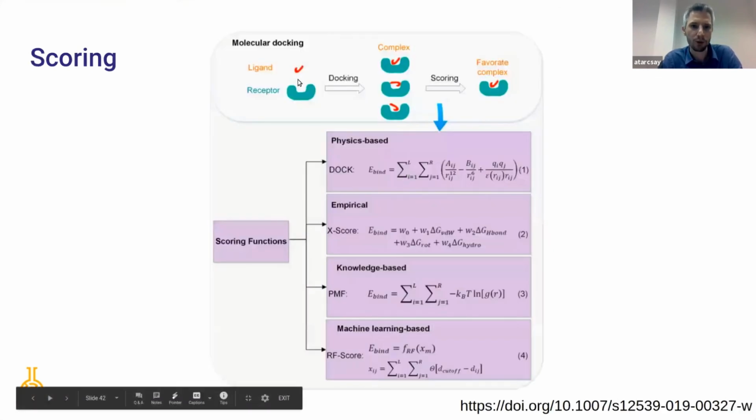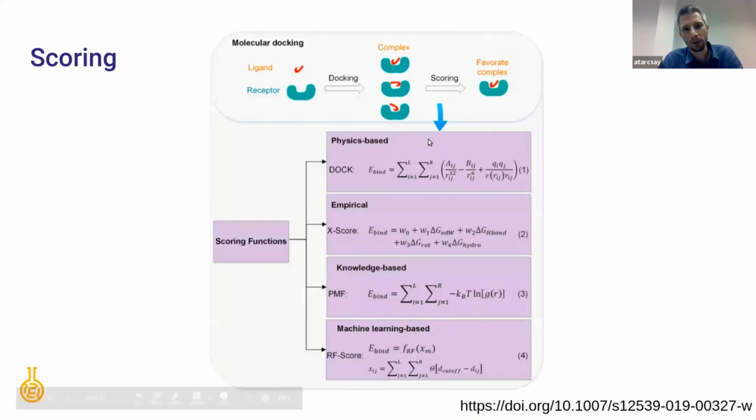And if you have the ligand and the receptor complex, you will have an array of possible solutions, and you need a scoring function. There are 4 major types of scoring functions. There can be energy-based or physics-based that takes the van der Waals and the Coulomb interaction into account.